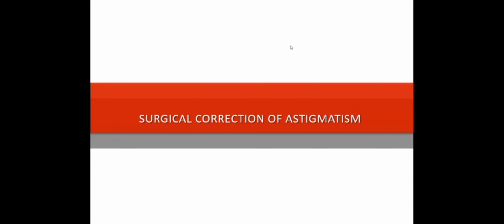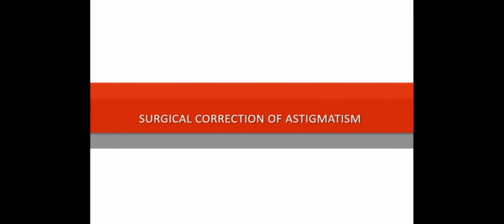All right. So in terms of representing astigmatism, we talk about the spherical equivalent of the sphere and cylinder power. That helps us to represent astigmatism. But the sphere and cylinder representation is not specific to a certain surface of the eye.